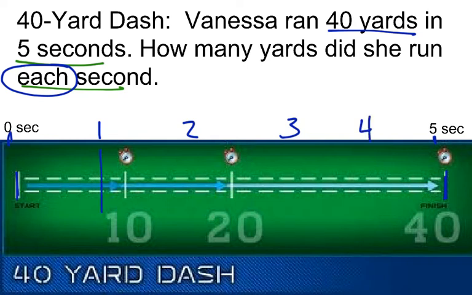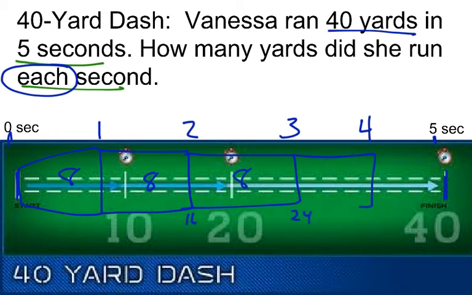So I know my first diagram is going to be at 8. My second one is going to be 8 more, which is at 16. My next one, 8 more, is going to be at 24. Then we have 8 more, giving me 32. And my last 8, which lands me right at 40.